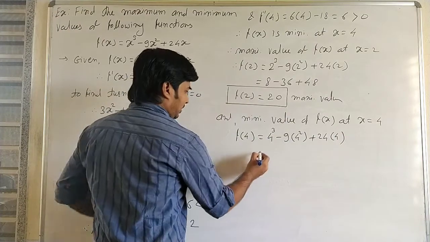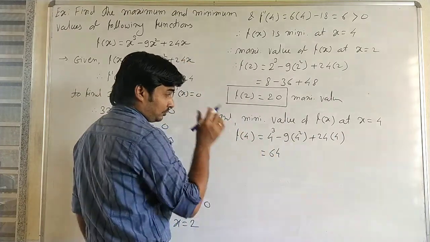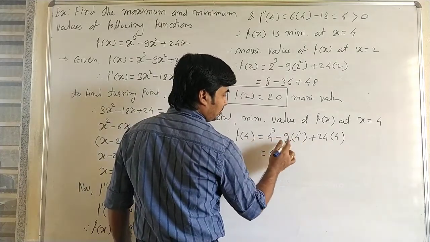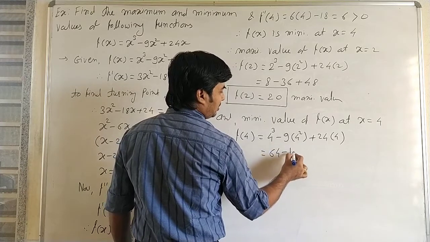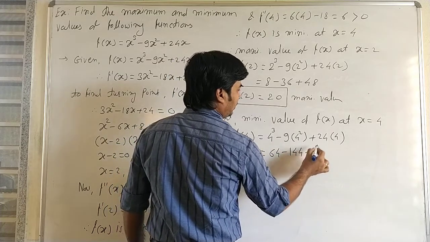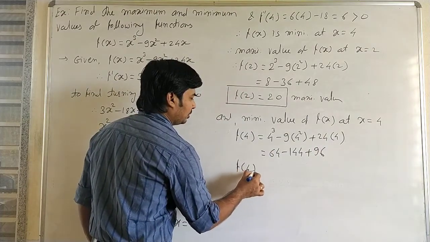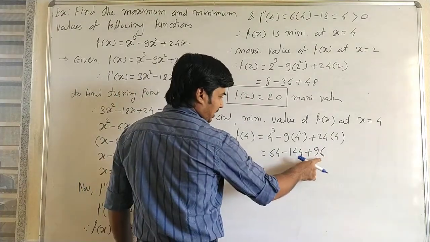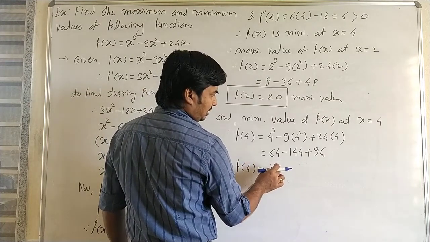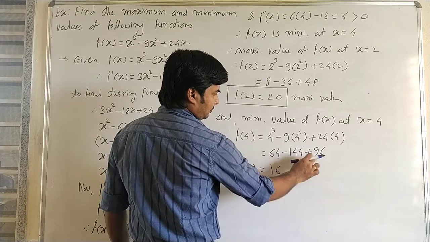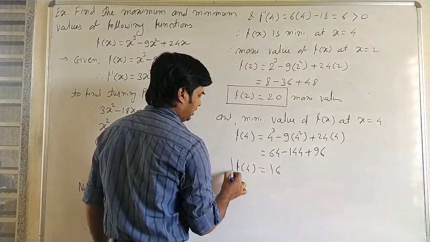Okay, now it is 64, then 9 into 16 is minus 144, and plus 96. Then f of 4 is equal to 64 plus 96 is 160, minus 144, it is 16. It is the minimum value.